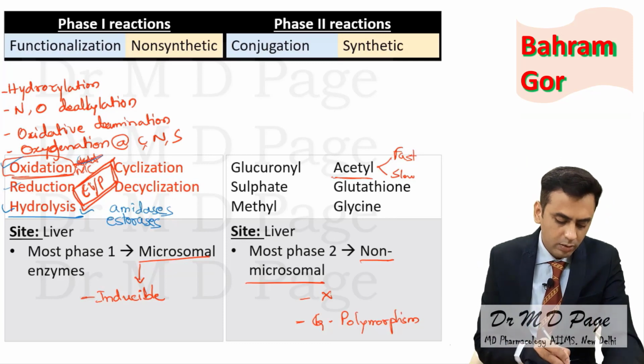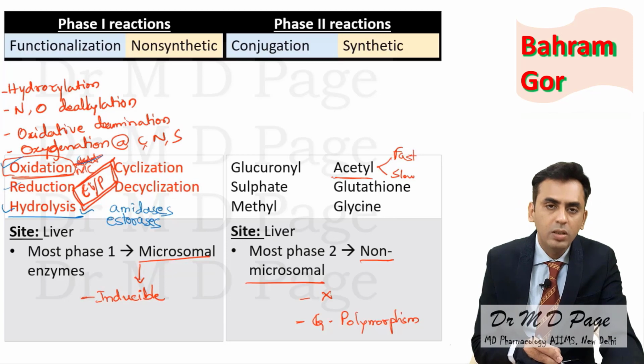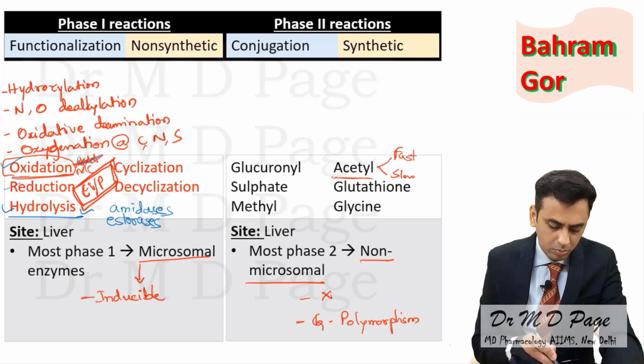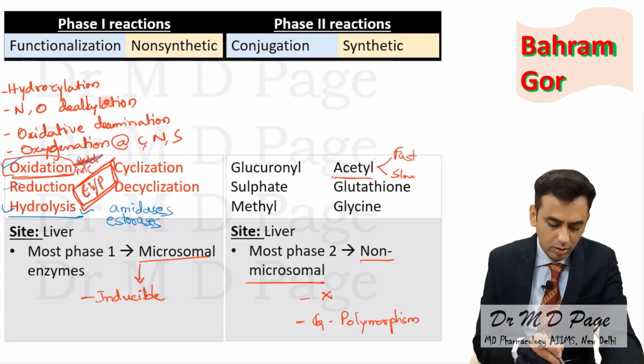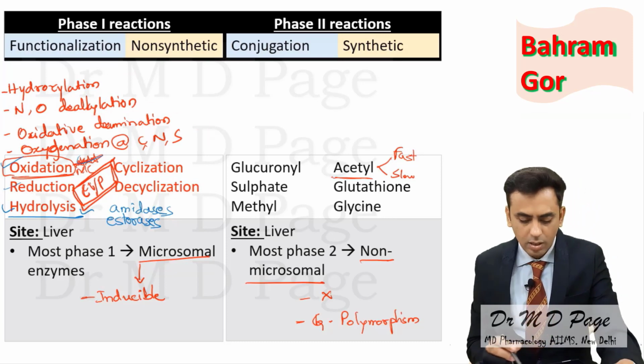So these are the various oxidative reactions. In options, these can also be given as phase 1 reactions. All of the following are phase 1: option can be hydroxylation, hydrolysis. So don't get confused. Dealkylation, deamination. Okay.